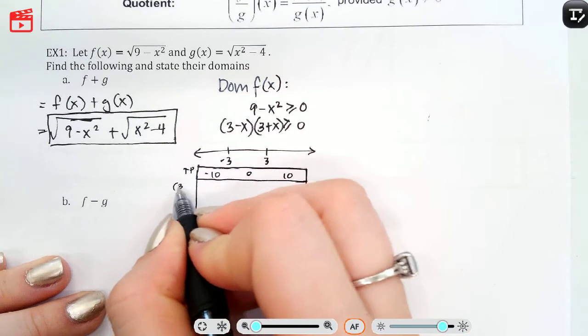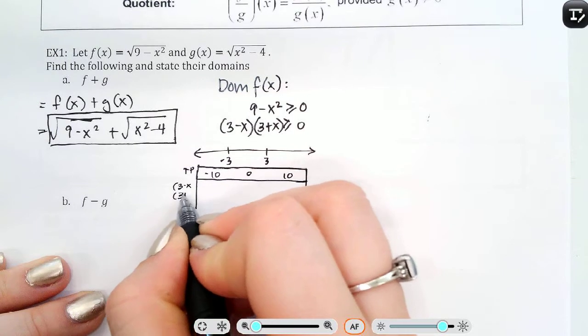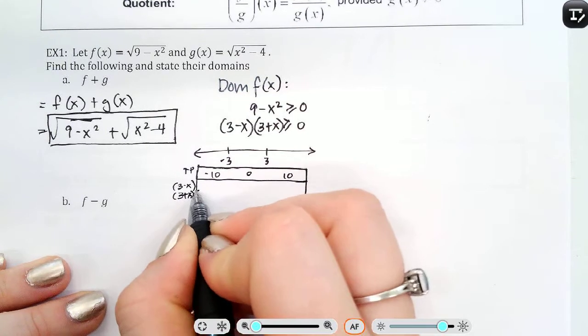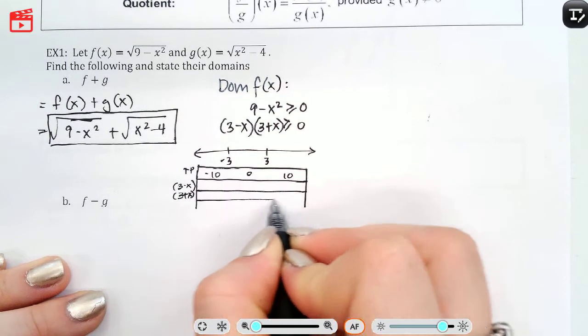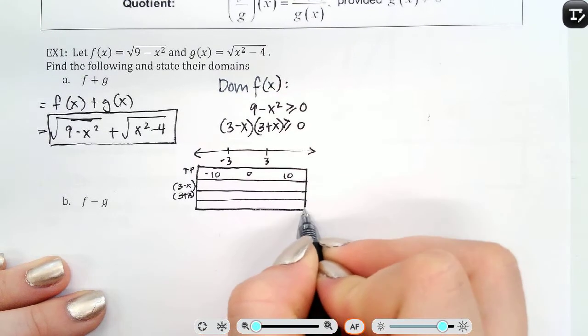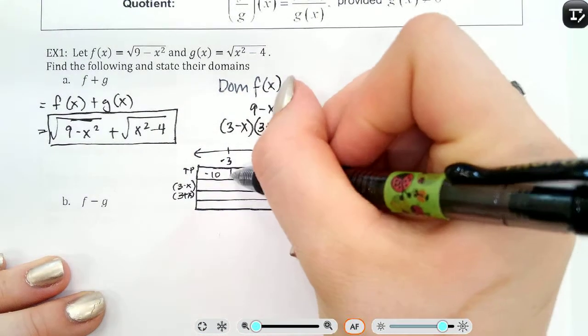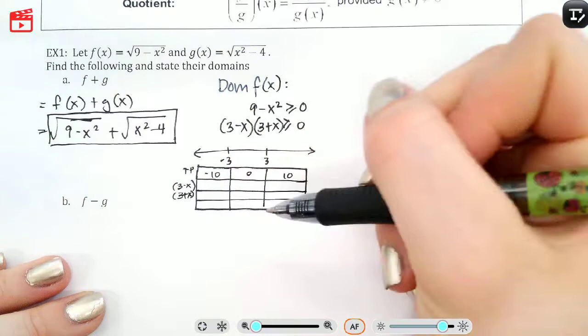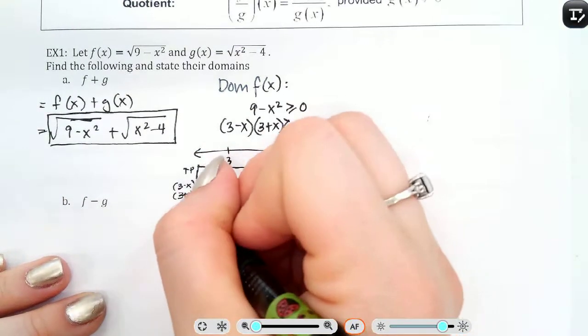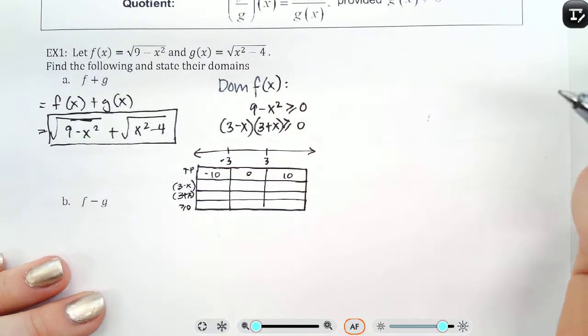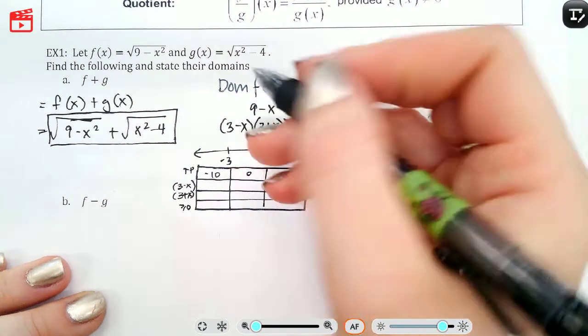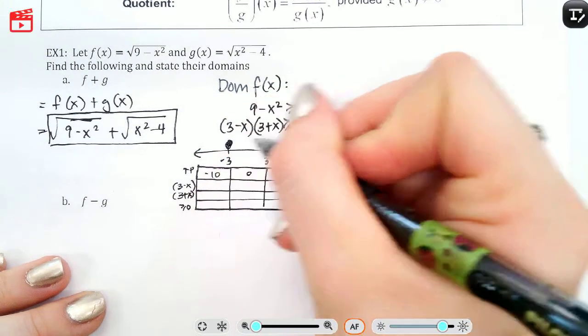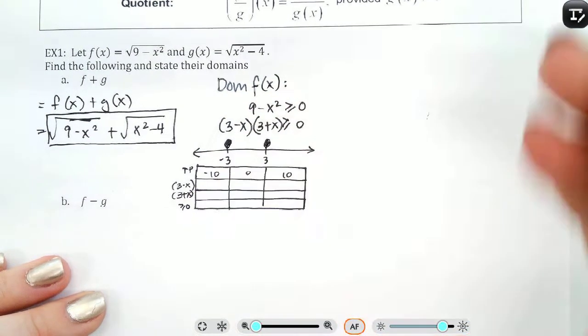And then my sign, I want it to be greater than or equal to 0. We're allowed to let it be equal to -3 and 3.